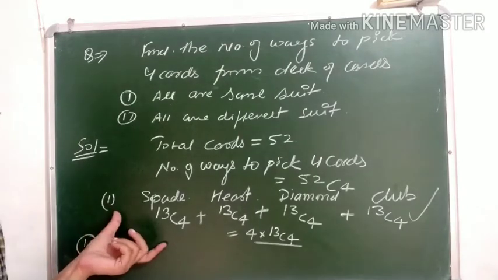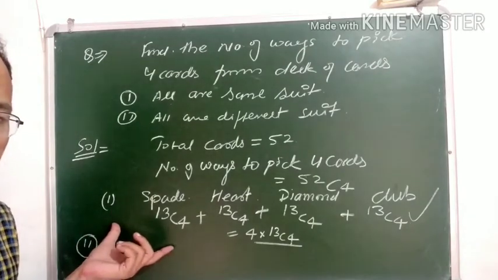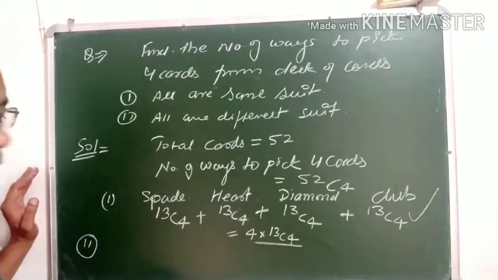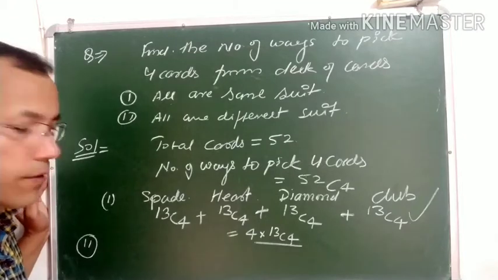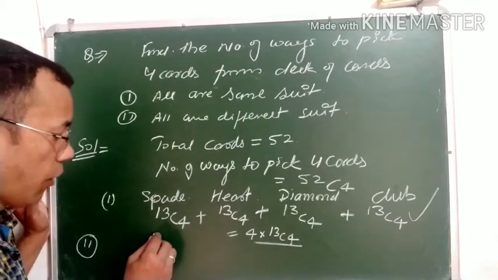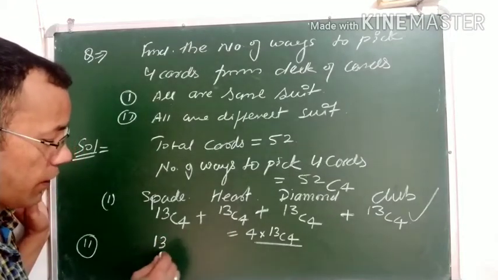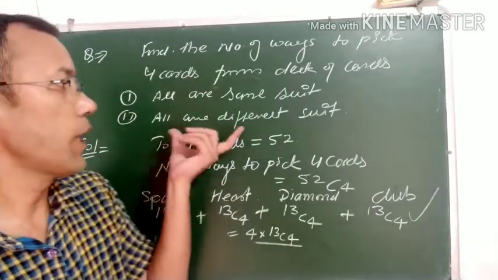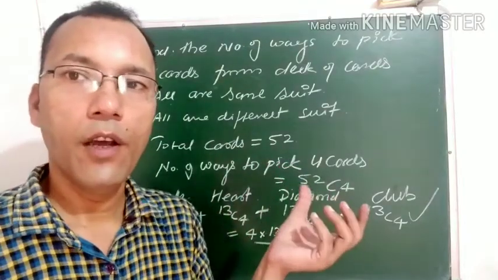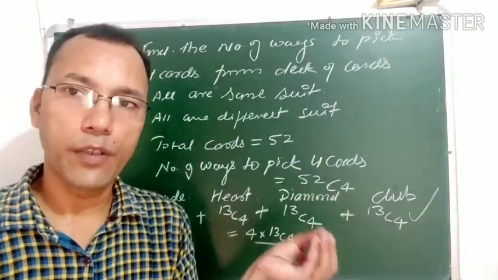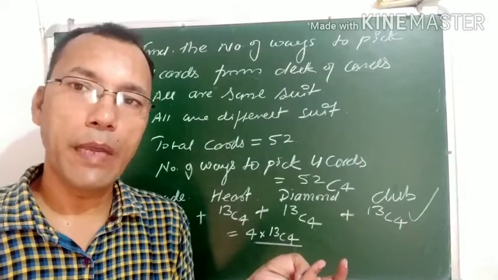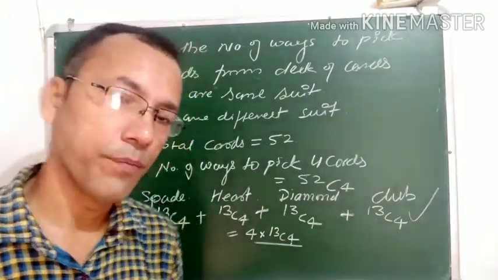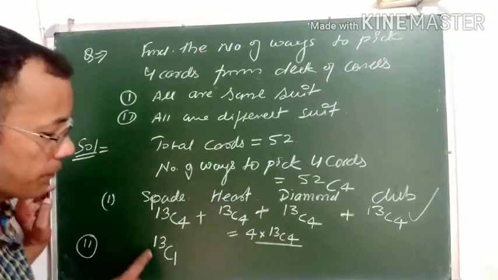If I pick one spade card out of 13 spade cards, that is the number of ways to pick it. All 4 cards belong to different suits: one card from spade, one from heart, one from diamond, and one from club.